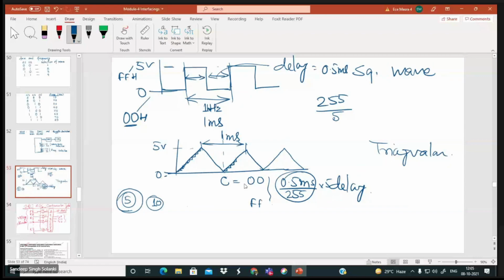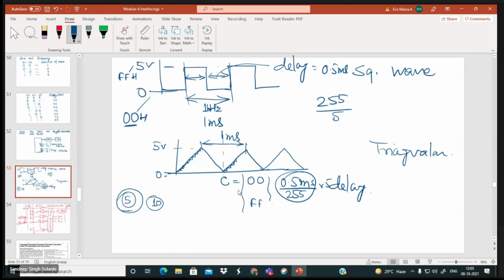And I will also tell you one more thing, that in this case, you have to keep on incrementing this register. Keep on incrementing with the addition of 8, or with the addition of 5, with the addition of 10, whatever you decide. I am just suggesting you should go with the 5.